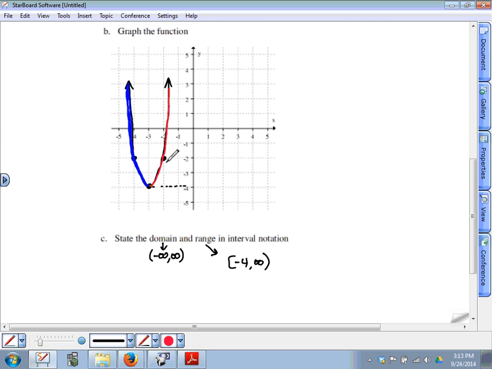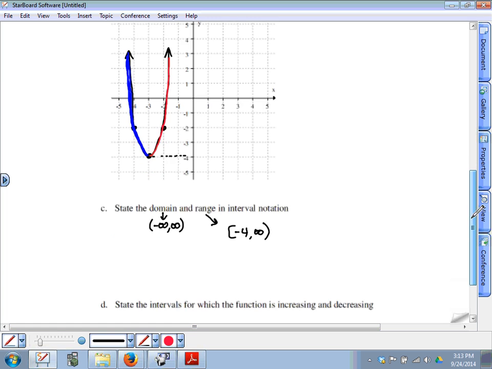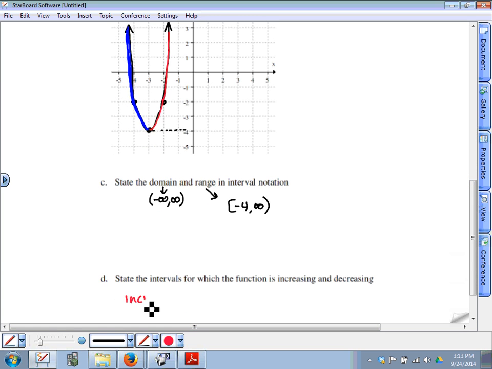And if you don't happen to recall from the first unit, you only state the x values on which this is occurring. So I'm going to do the increasing first, the one in red. It starts to increase right here at an x value of negative 3. And with all of these x values greater than negative 3, the graph is increasing.